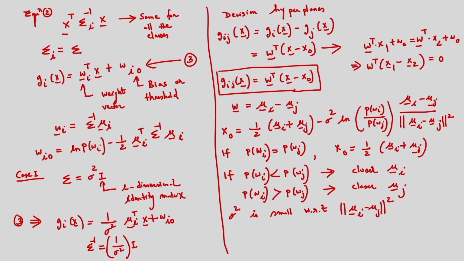So what will be my decision boundary? I can show the decision boundary like this. Suppose I consider the two-dimensional feature space x1 and x2. Suppose this is my mean vector mu I, and this is mu j.